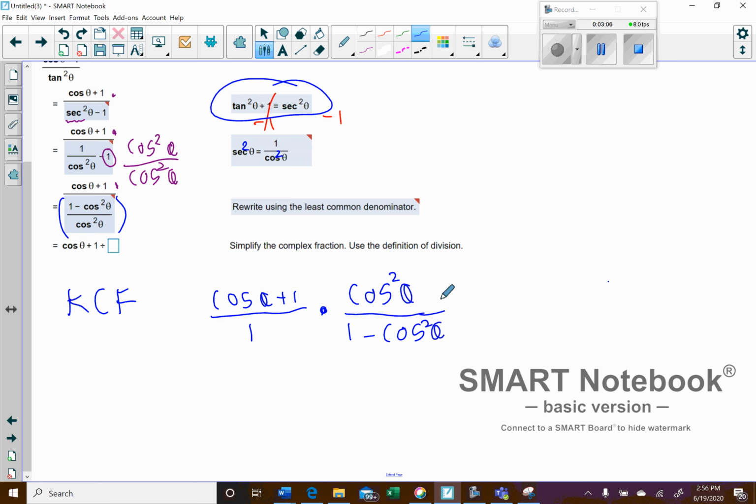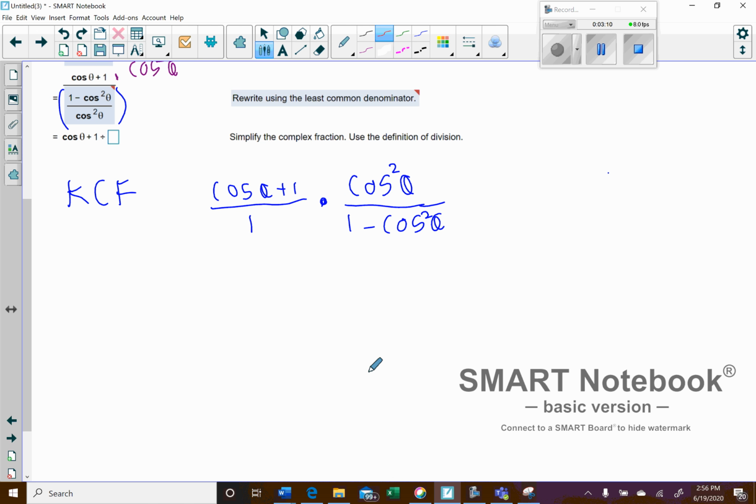Now what you have down here in your denominator spot is the difference of 2 squares, because I could put that as a 1 squared right there. So what we're going to end up with on top is cosine of theta plus 1. I'm just going to leave that by itself for right now, times cosine of theta squared. Now, in the denominator spot, we'll do the difference of 2 squares.